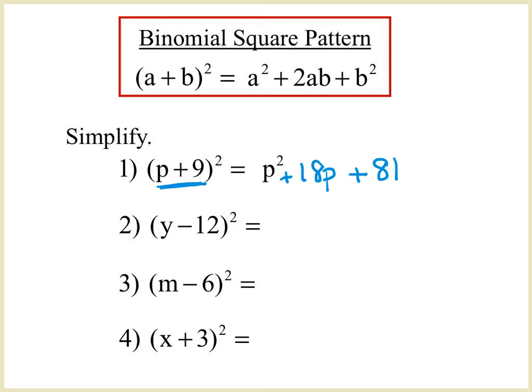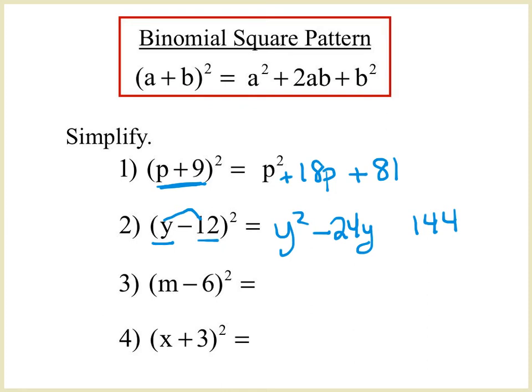Let me try one more. Square your first term, y squared. Square the last term, 144. Now, I'm going to multiply them both together. Y times negative 12 is negative 12y. Then do it twice. Times 2 is negative 24y.